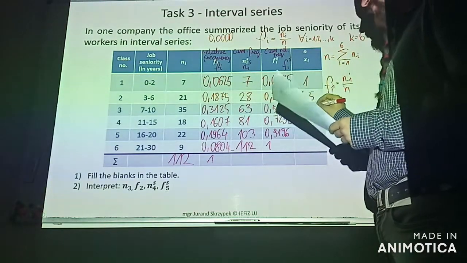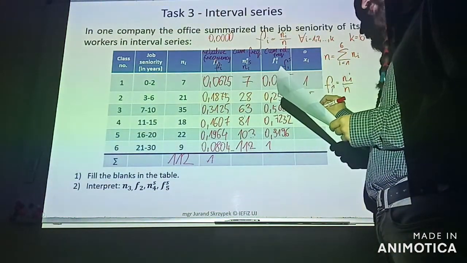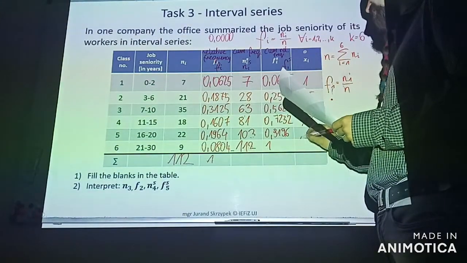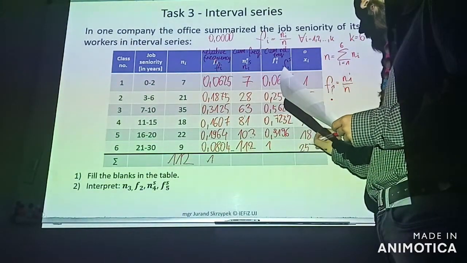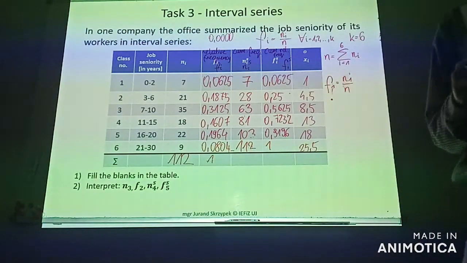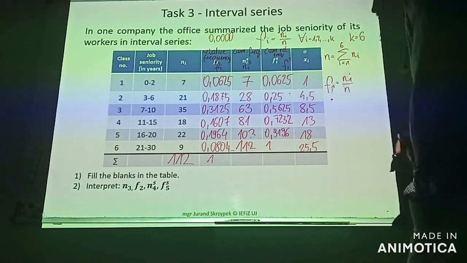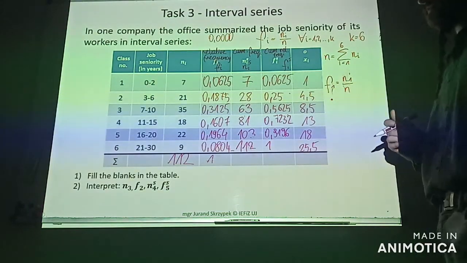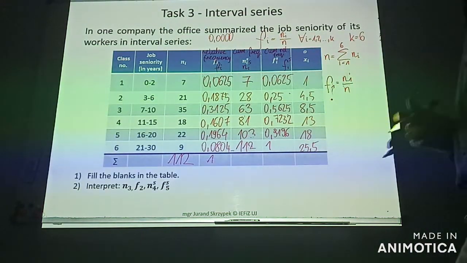And next values are 8.5, 13, 18, and 25.5.